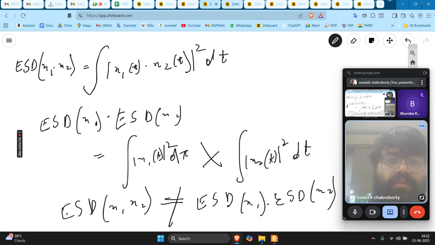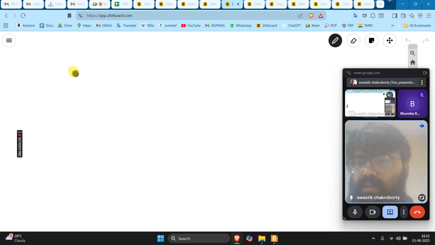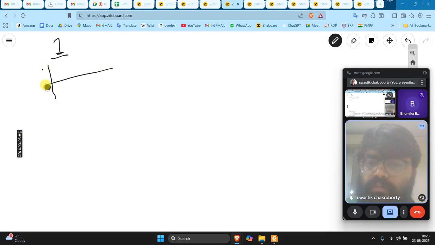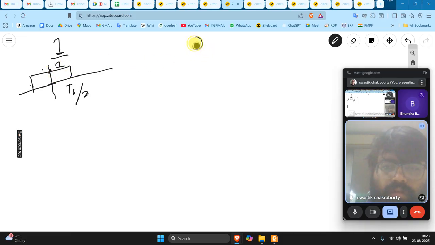When we want to transmit binary one, we are transmitting a pulse of width TB by 2 and amplitude 1, and when it is 0, it is 0.